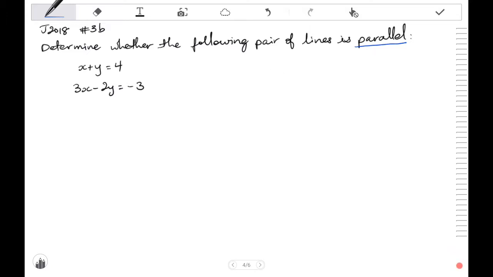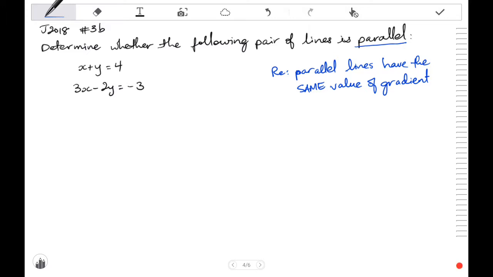We recall that parallel lines have the same value of gradient, because they have the same gradient.